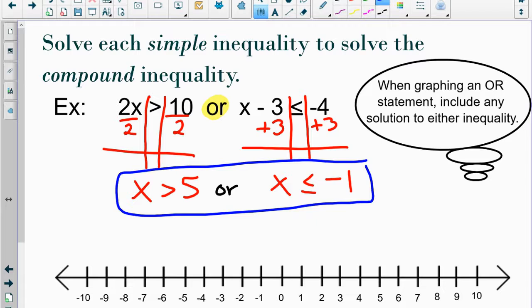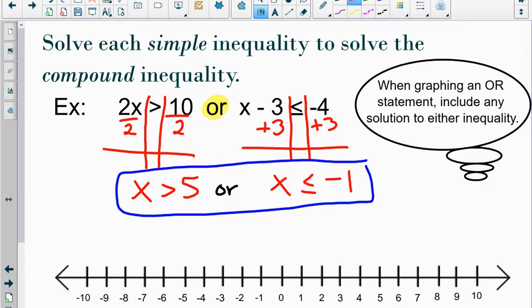Our talking bubble reminds us that when graphing an "or" statement, where you have the word "or" in between the two inequalities, we include any solution to either inequality. So we graph both of these on the number line. My first one said that x is greater than 5.